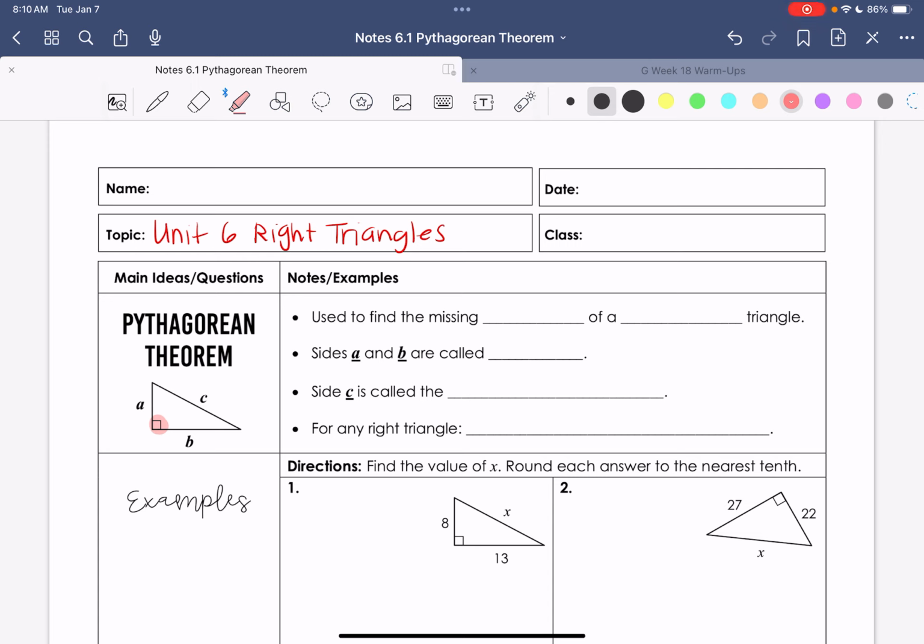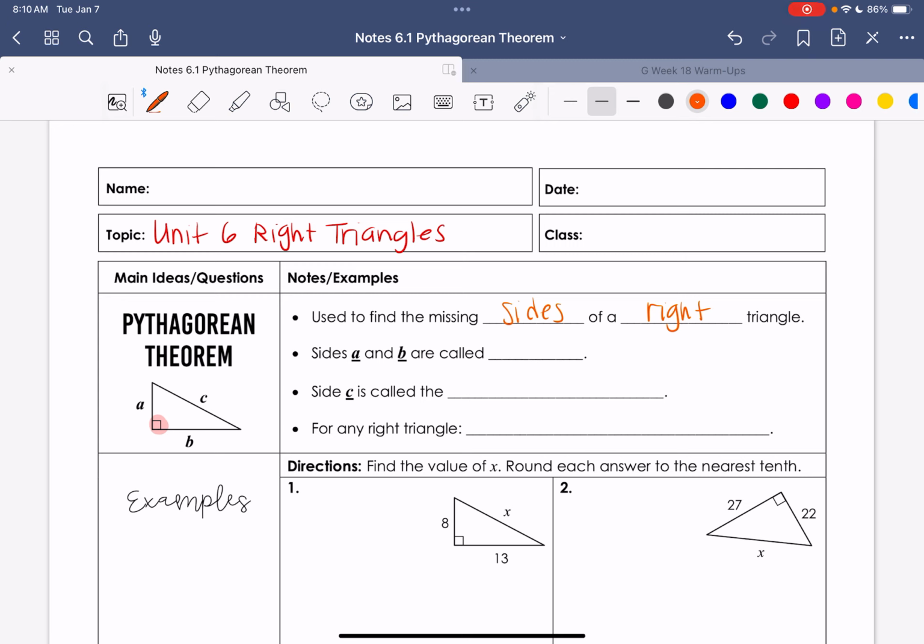So starting with Pythagorean Theorem, you guys learned this in middle school. We even did this before the break, so today should be easy. It is used to find the missing sides of a right triangle, so it only works with right triangles.